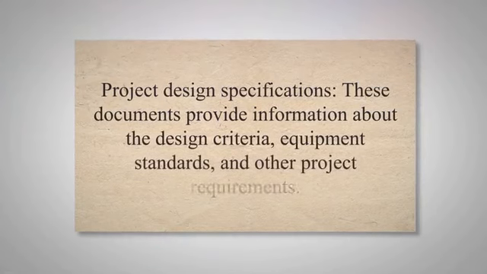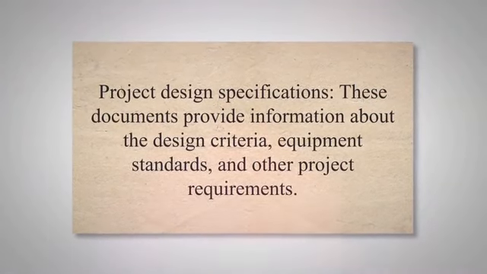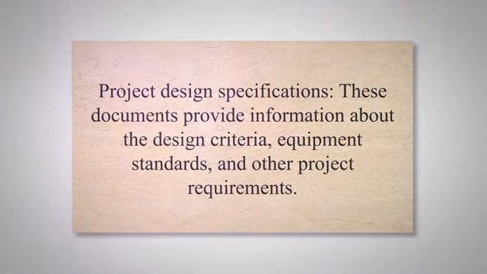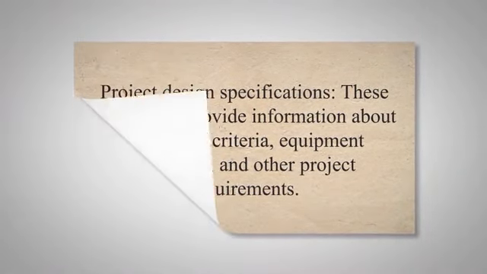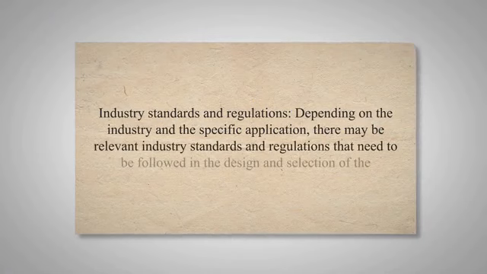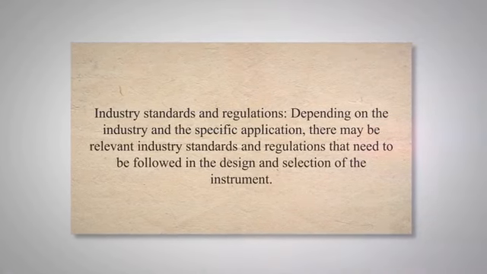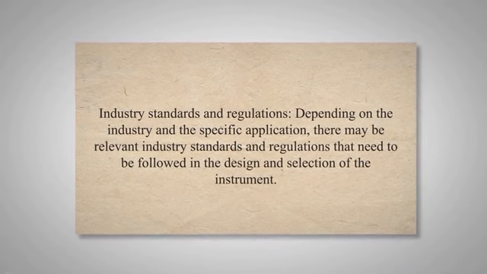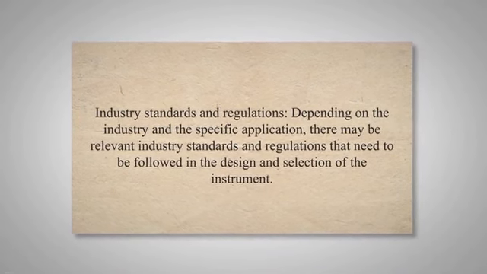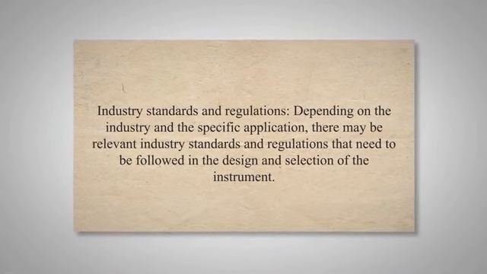Project Design Specifications. These documents provide information about the design criteria, equipment standards, and other project requirements. Industry Standards and Regulations. Depending on the industry and the specific application, there may be relevant industry standards and regulations that need to be followed in the design and selection of the instrument.